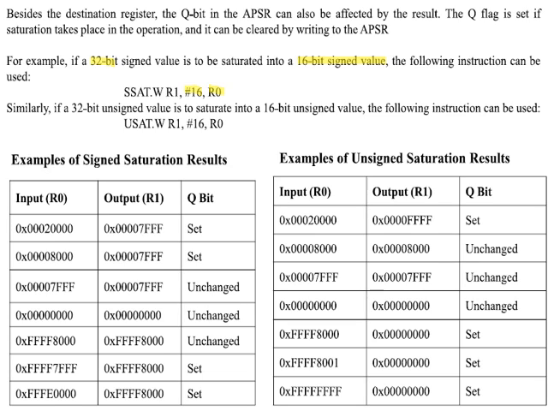So R0 has a 32 bit value that will be scaled to 16 bit, and that value is stored in R1, okay. So the scaled value of R0 is available in R1. Similarly, if a 32 bit unsigned value is to be saturated, you need to use USAT instead of SSAT. This is the simple example, okay.